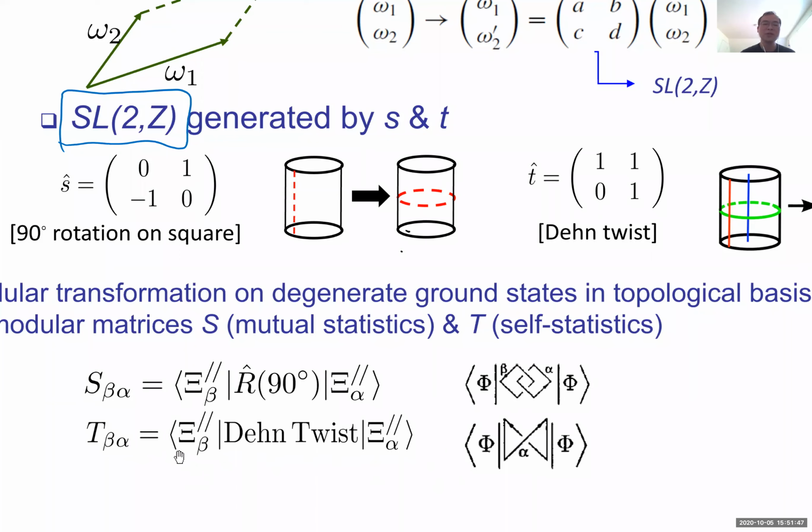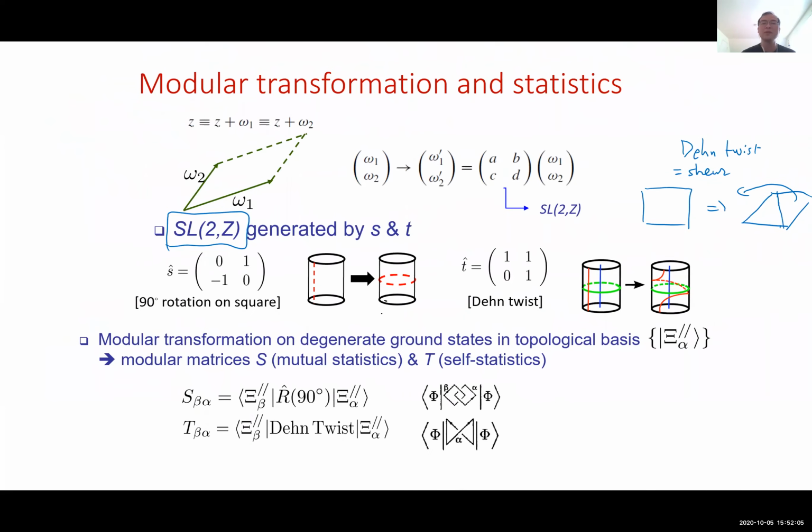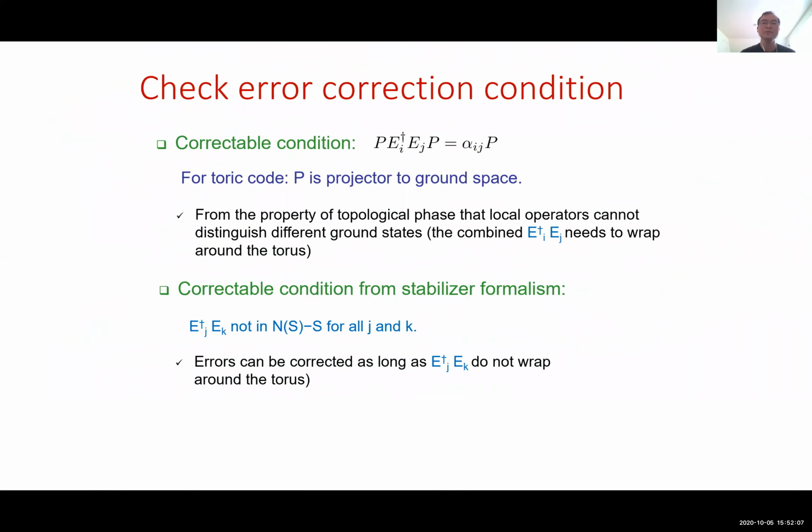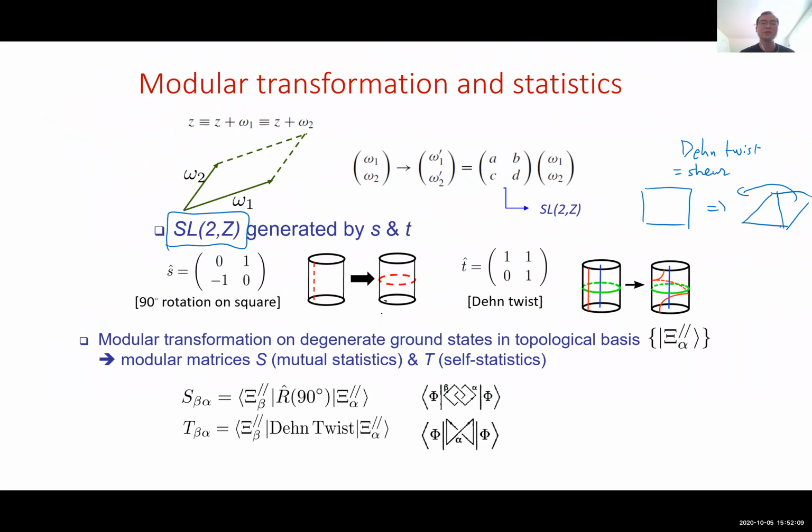And here, for the T, you create from the vacuum that same alpha particle, and they just exchange. It's not a whole loop, it's just half. So this would give you the self-statistics. There's more general theory behind this, but we use the toric code to illustrate the simplest case. So I want to pause to see if you have any questions.